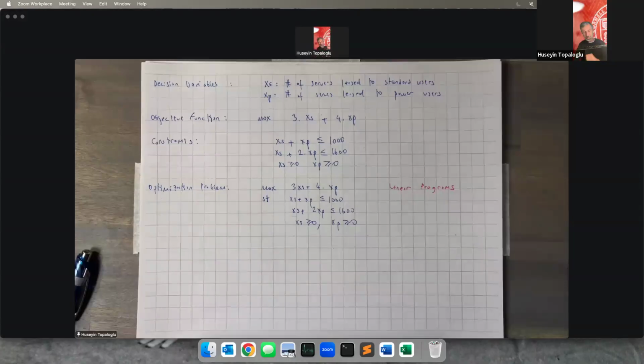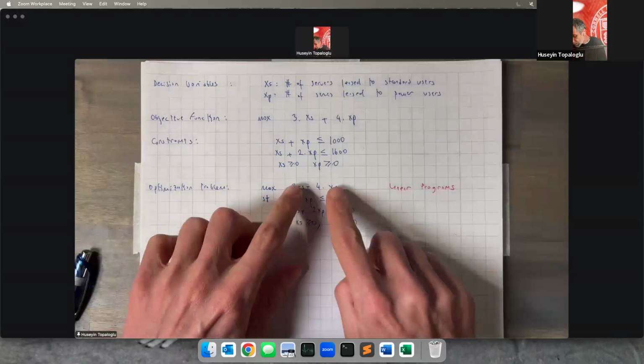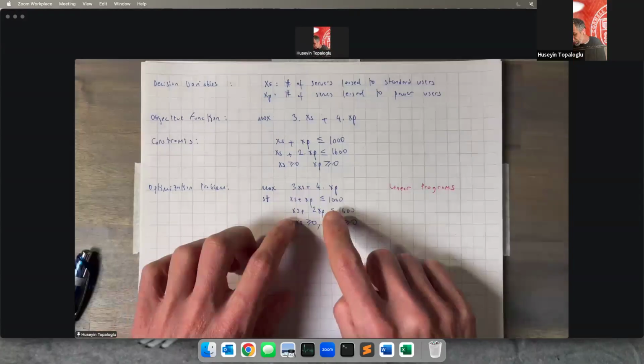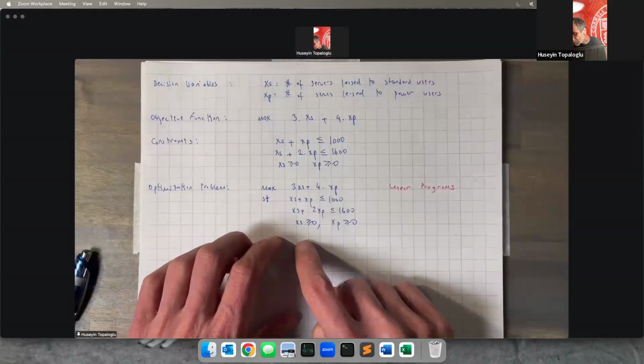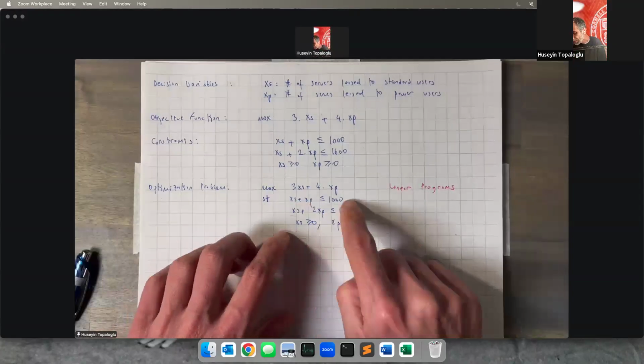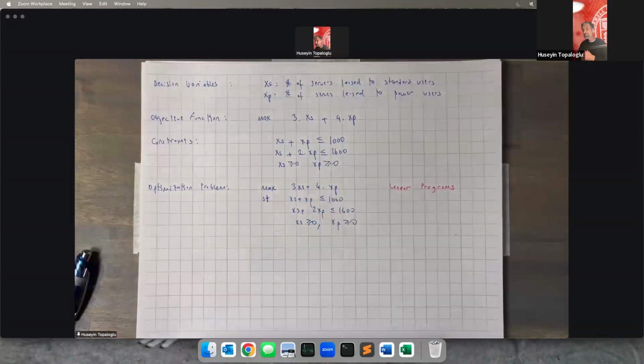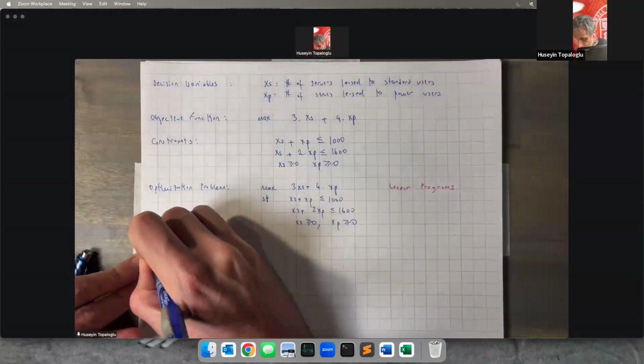An xs, xp pair that satisfies all of the constraints in my linear program is called a feasible solution.